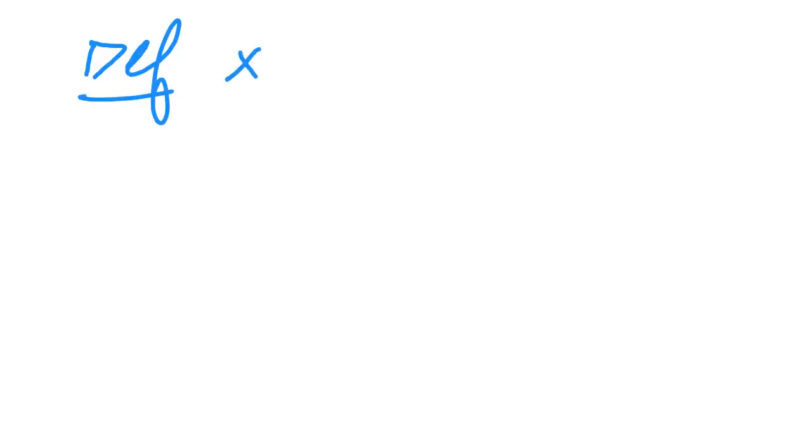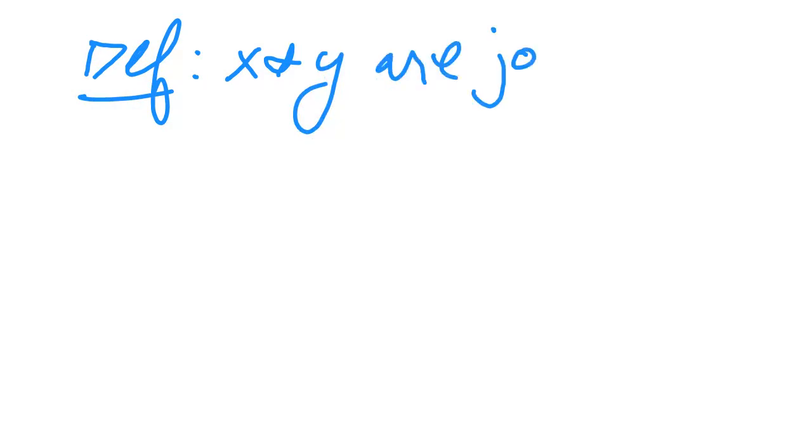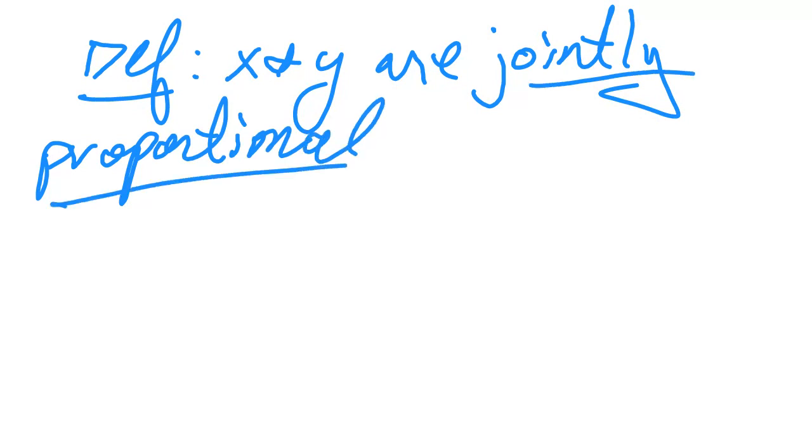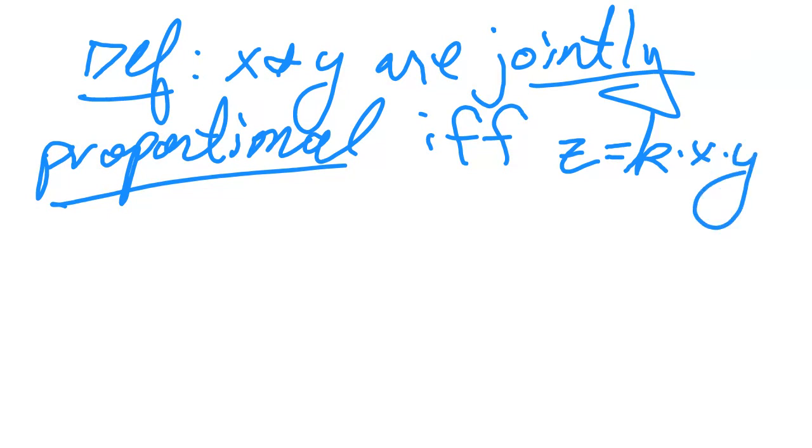X and Y, that's my and, X and Y are jointly proportional if and only if we have something like Z equals K times X times Y, okay?